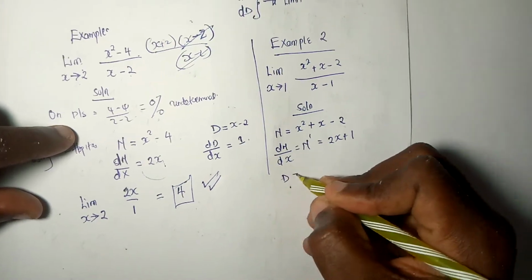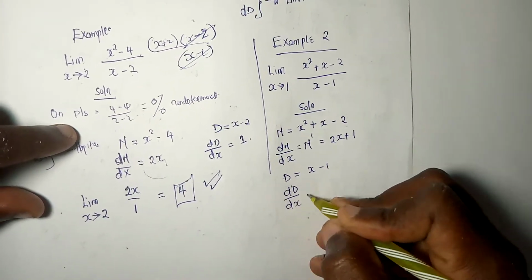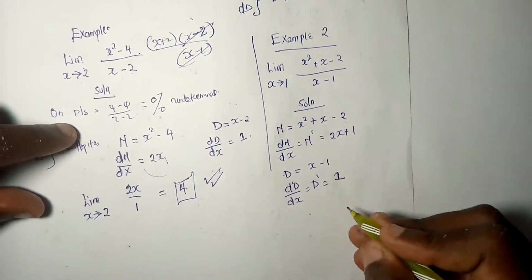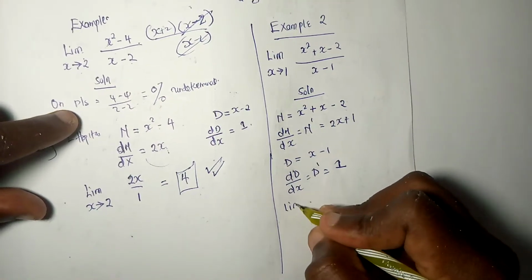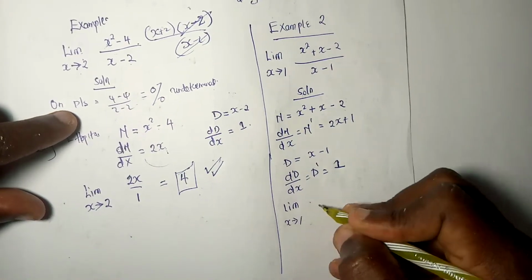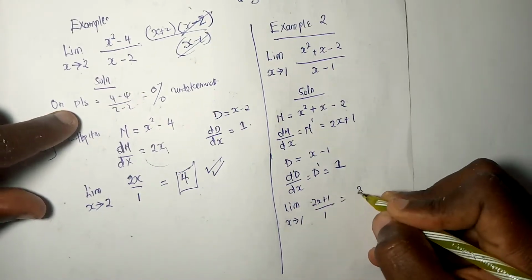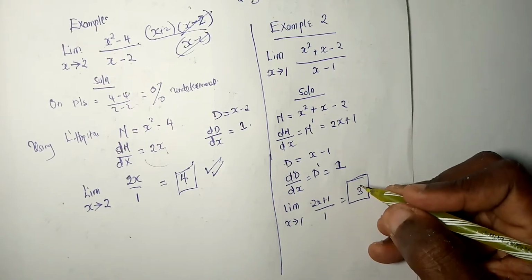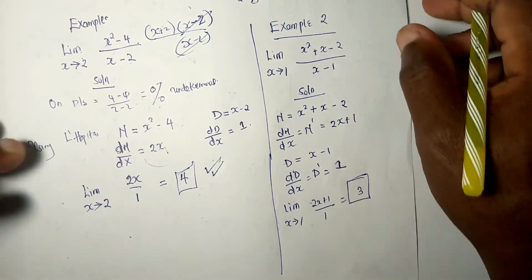Then the denominator is x minus 1, so d over dx, or d prime, is going to be 1. Then subject this to the limit: limit as x approaches 1 of 2x plus 1 over 1. Then the answer becomes 3. Of course, you can solve this using another method.